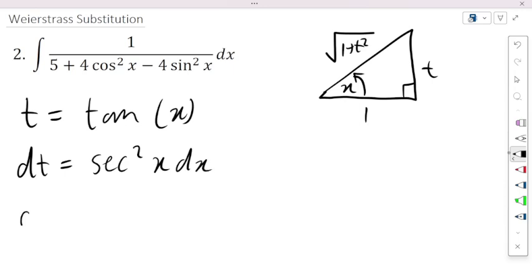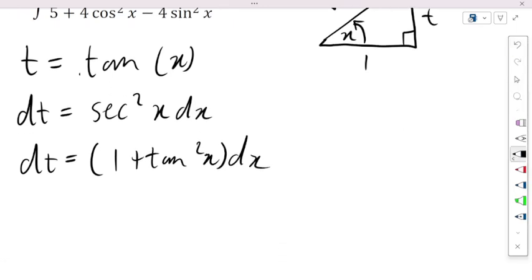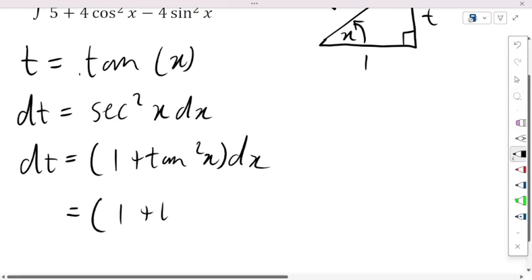Such that we will have dt is equal to, remember, we're using the identity secant square x, which we can rewrite as 1 plus tangent square x dx, okay? And then from here, we know that tan x is equal to t, so we can rewrite this as 1 plus t square dx equals dt.